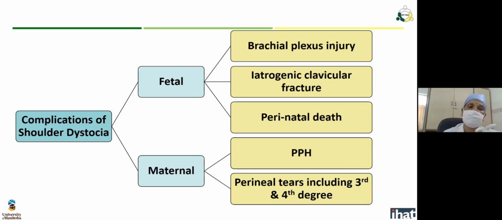And maternal complications are postpartum hemorrhage, due to atonic PPH and due to trauma. You are pulling the baby, you are doing all the maneuvers, but sometimes there is perineal tear, and this tear can extend up to the 4th degree. So these are the complications of shoulder dystocia.